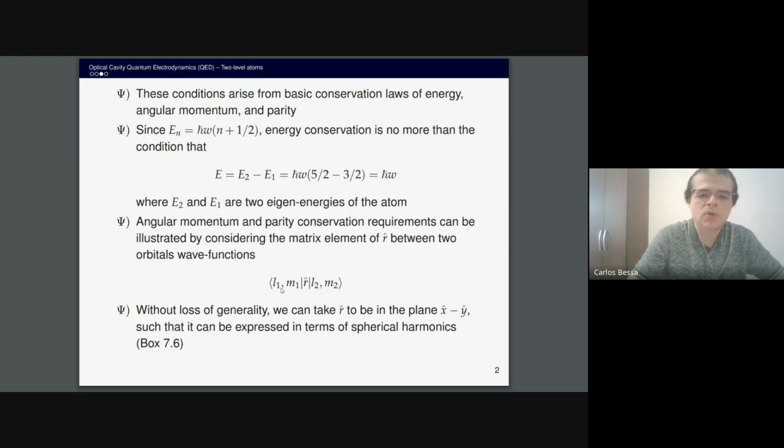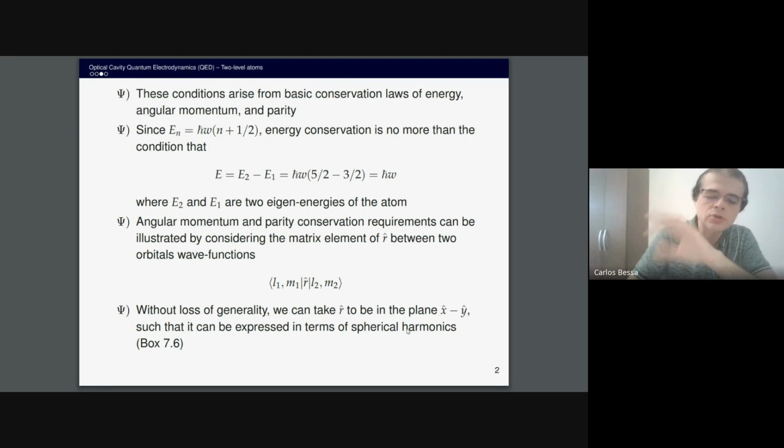L and M are quantum numbers from different orbitals here. Without loss of generality, we can take R to be in the XY plane, such that it can be expressed in terms of spherical harmonics.